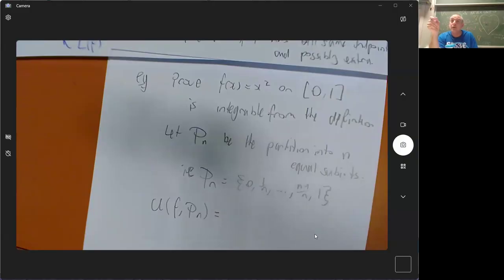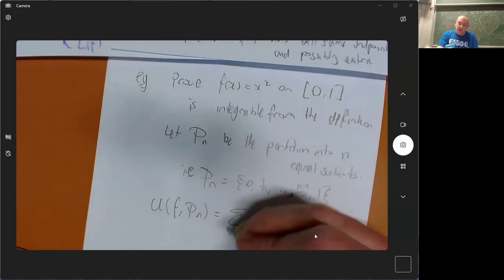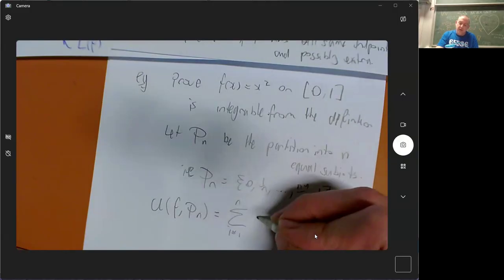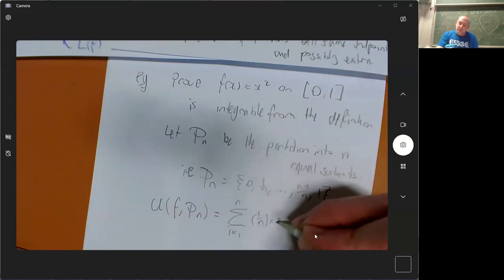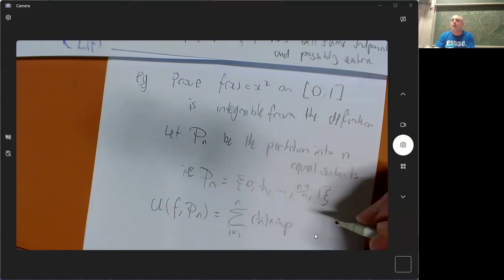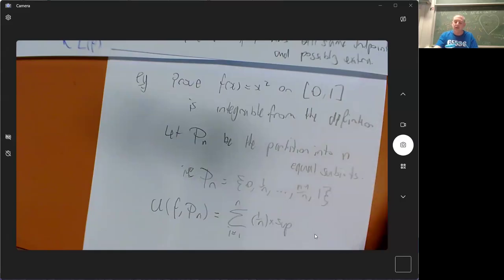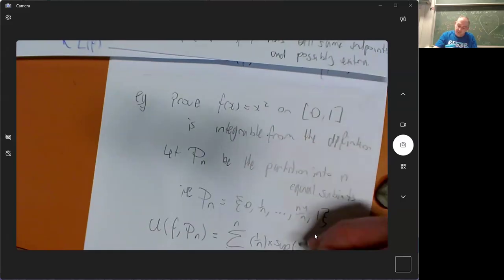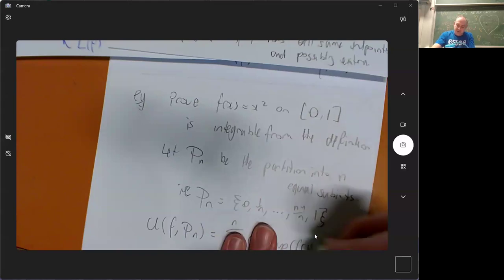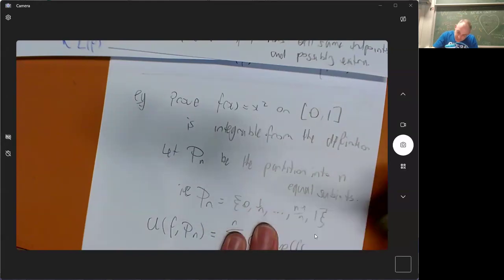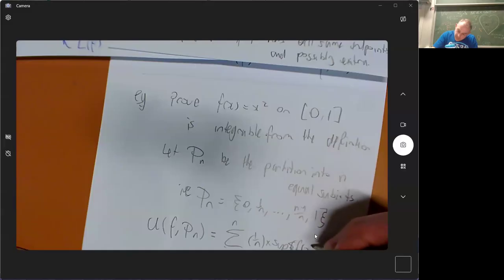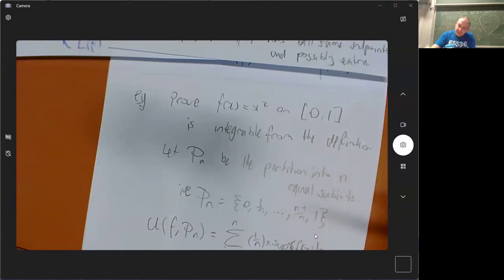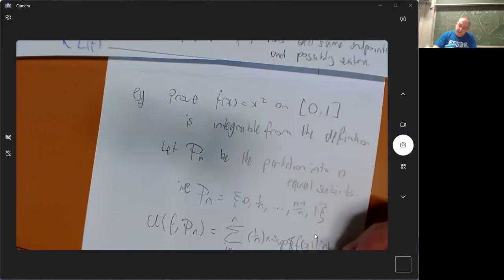That's how you do the U. It's the sum from i equals 1 to n of the width of each interval times the supremum of f of x on interval number i.